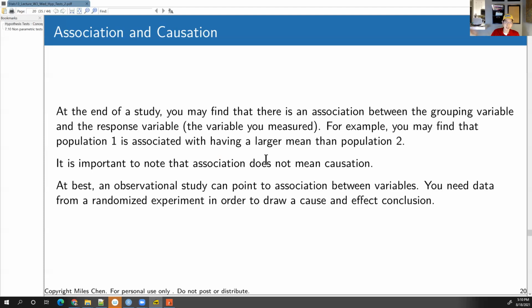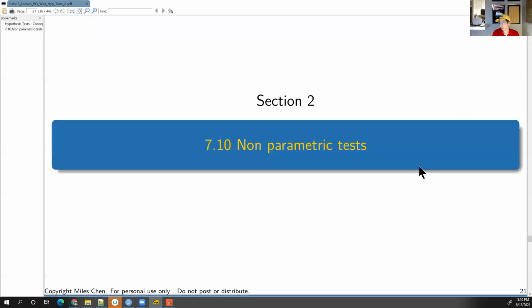We cannot just force somebody to begin using some medication if we don't have their consent. So certain experiments are just not possible. But if you are able to conduct an experiment with randomized assignment, then you might be able to draw a cause and effect conclusion. Just to reiterate.